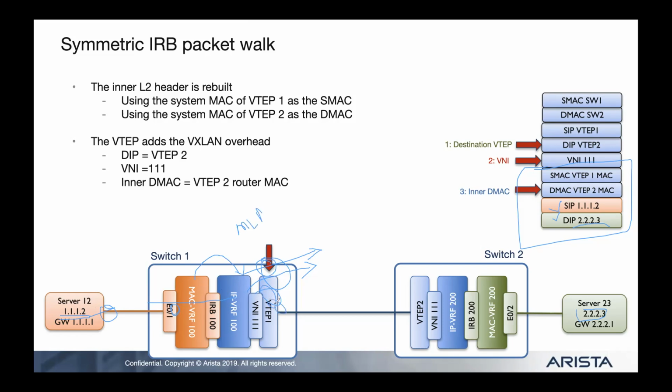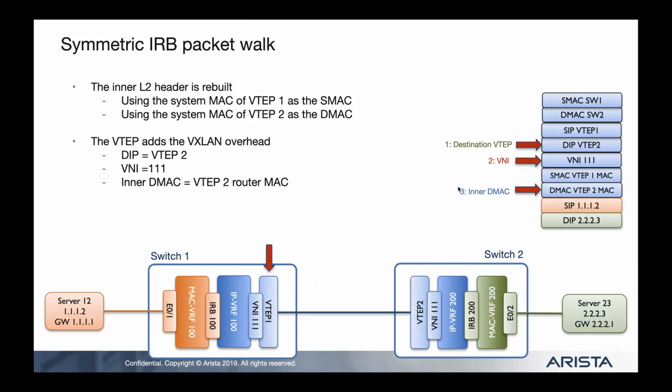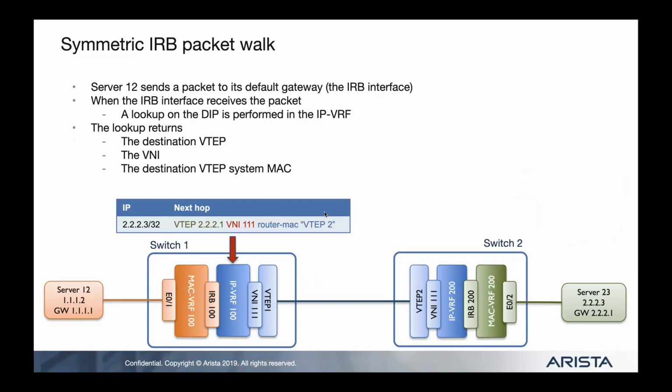So this is the source MAC, VTEP 1. The destination MAC is VTEP 2's. This is the MAC which we received through the type 2 update and installed here. So if you remember, this VTEP 2 MAC we already received and installed here, and we take it from this route to fill in the header information. So this inner destination MAC is the MAC we are getting from here.